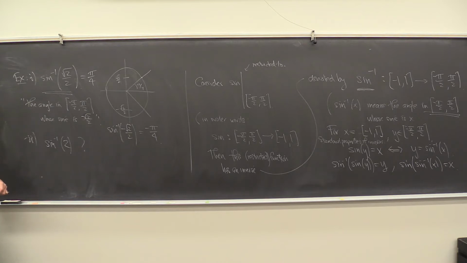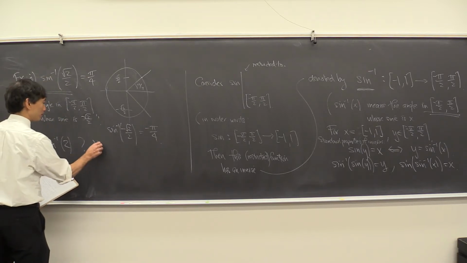Okay, what's the answer? The answer is, it doesn't make any sense. This is nonsense. I saw a lot of you going like this, and that's the right answer. The translation is the angle whose sine is 2, which would mean there's a point whose y-coordinate is 2. But there's no point on the unit circle whose y-coordinate is 2. That's just nonsense.